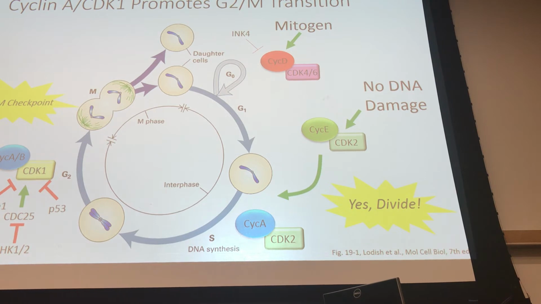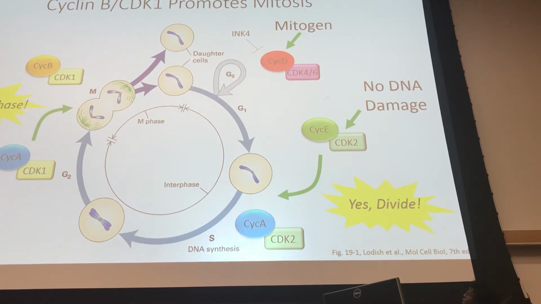Okay, so these are two ways you can block the cell: either through the restriction point with P53 activating P21, or you can block at G2 if there's DNA damage through inhibiting CDC25, activating WEE1, and P53 can also block. All right.